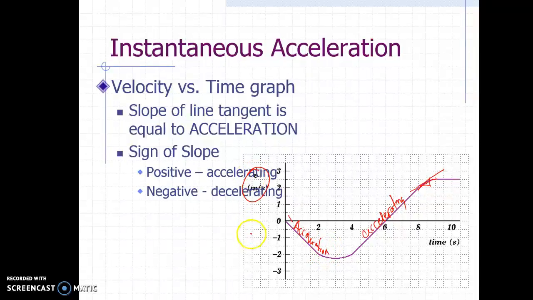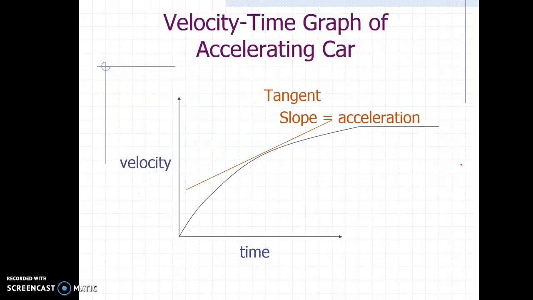And if you didn't notice, this is velocity. That's what the y-axis is. Again, when it's flat, it's constant. It's a constant velocity, no acceleration. Again, this gives you an idea of the tangent of an accelerating car. If you have a curved slope, this indicates that they're speeding up, and their acceleration decreases.